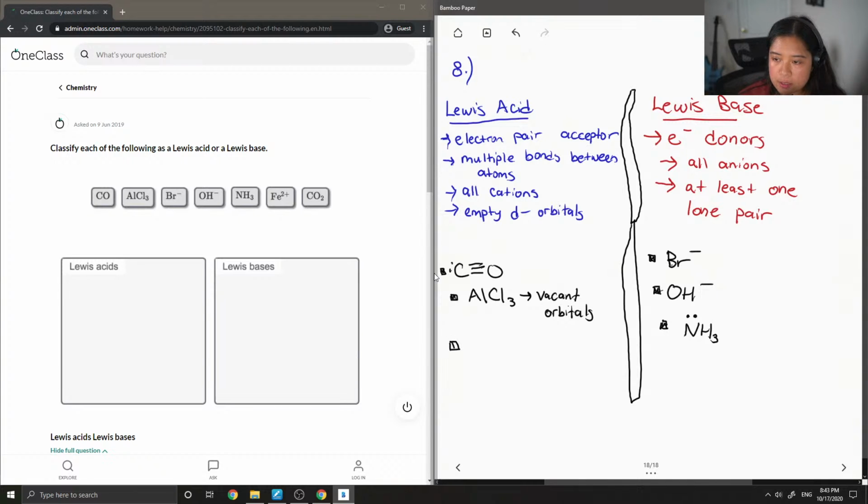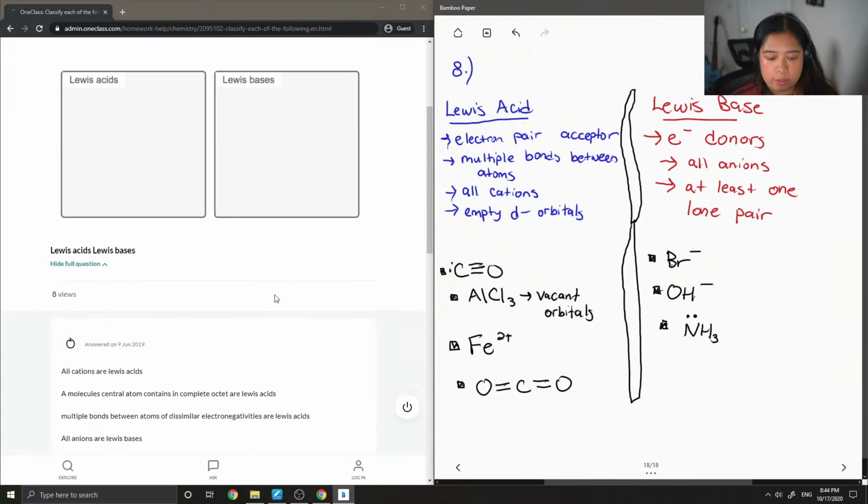Fe2+ is positively charged, so it is a Lewis acid. And then finally, carbon dioxide can also be a Lewis acid. Okay, so I think that is all.